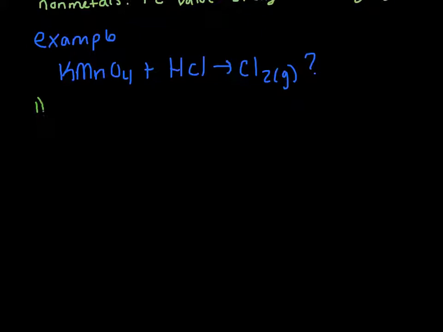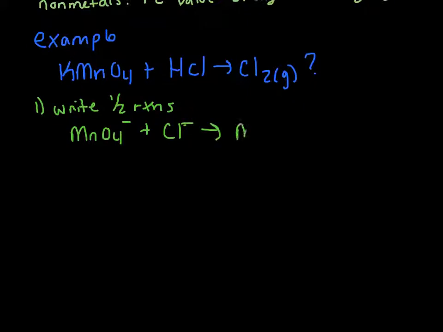So step one, you need to write your appropriate half reactions. That means we need to go through and figure out with our ions who's being reduced and who's being oxidized. We have MnO4 minus, which carries a standard negative 1 charge, reacting with a chloride ion. We get Mn2+ and Cl2.